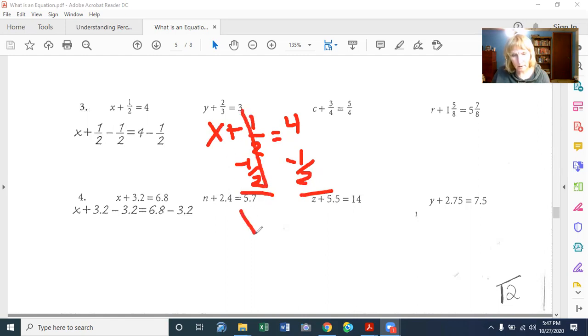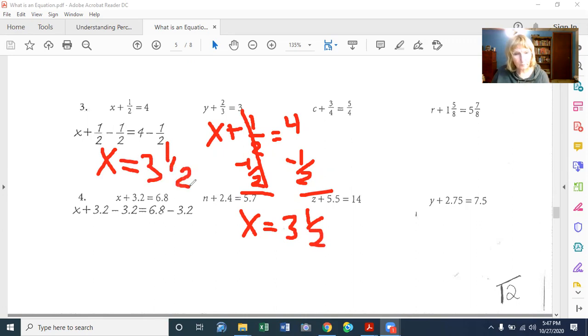I'm left with x equals 4 minus a half is 3 and 1/2. So that's the answer to number 3 over here. x equals 3 and 1/2. And you could plug 3 and 1/2 back in for x and add it to the half that's already there, and you should get 4. And if you do, it's a true statement. You know that you've done it correctly.